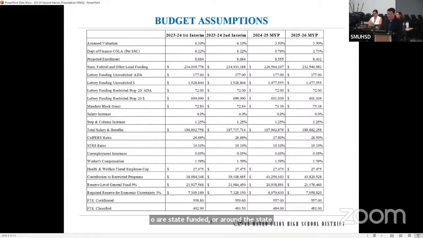So we'll see where that goes as the budget discussions move forward. The third thing I want to note is that we haven't included any salary increases in the out years. Those will be related to, as Deputy Superintendent Mr. Black noted earlier, our negotiations. And then the PERS rate, as I noted earlier, continues to be projected to increase, and those projections are based on the PERS board's most recent estimates.